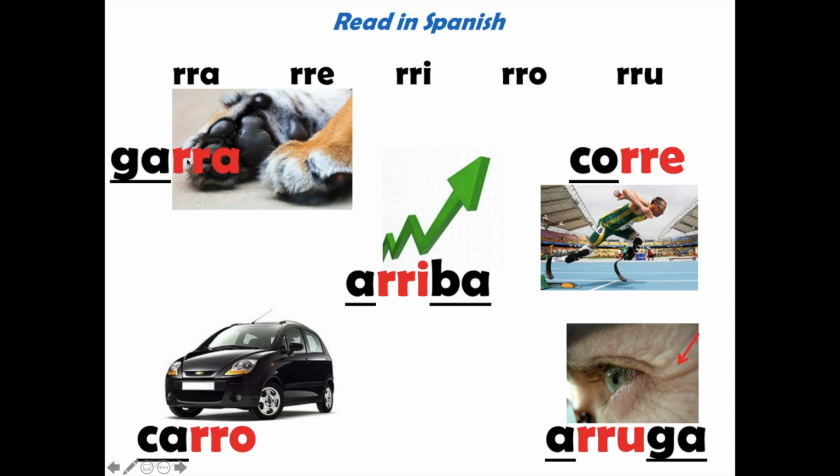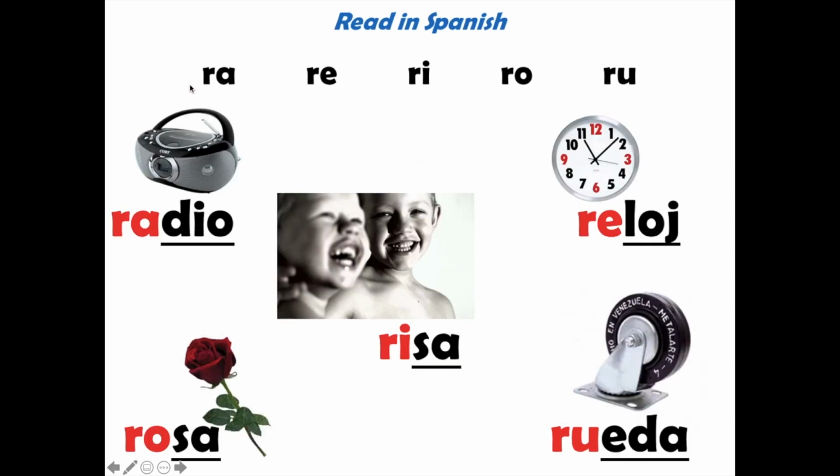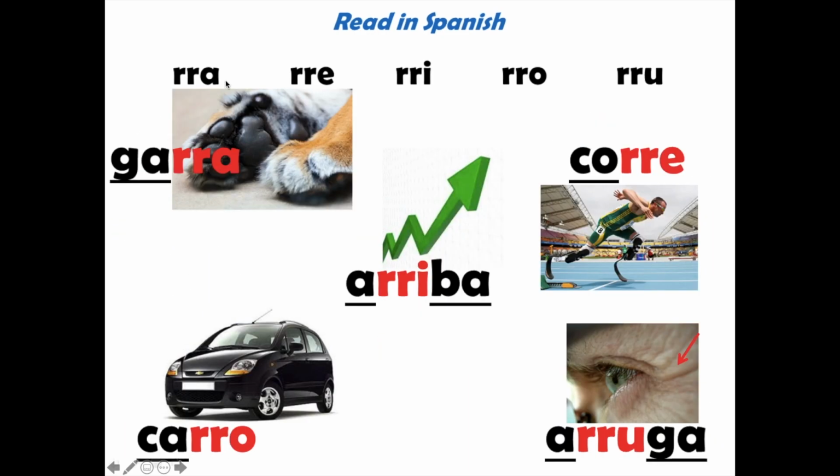If you cannot roll the R, you just pronounce it like you would in English in a way, okay? Or as I told you before, with the hard R here. I'm going to tell you the two sounds you can do: ra, re, ri, ro, ru.